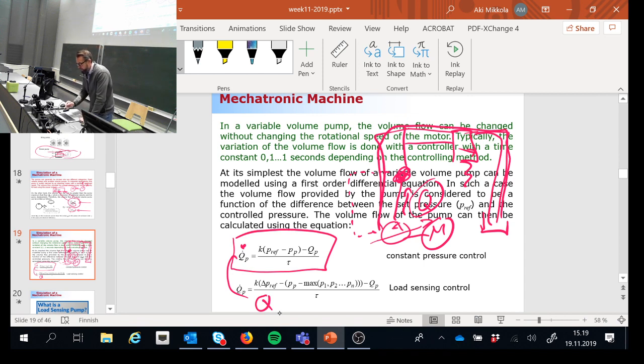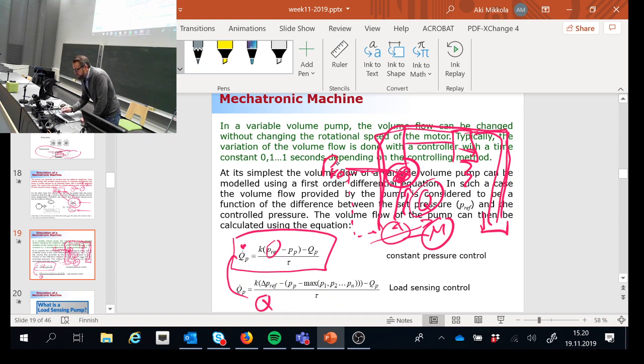Okay, then I have here a reference pressure, the pressure that I'm hoping to have. Again, I'm sorry that the picture is a little bit unclear. So how much pressure you would like to have in this particular part, that's called the reference pressure.